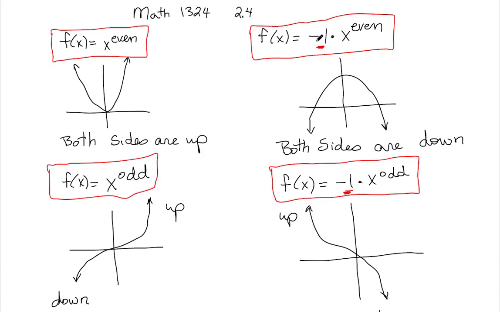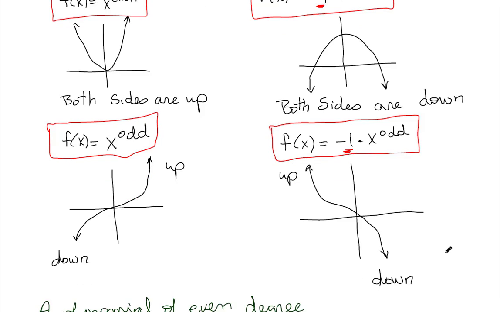If there is a negative in the front of either one of these, then it's flipped over. So I could have it looks up or it's flipped over and both sides are down. If it's x to an odd with a negative in the front, left side is up, right side is down. That's going to become important in a few minutes.